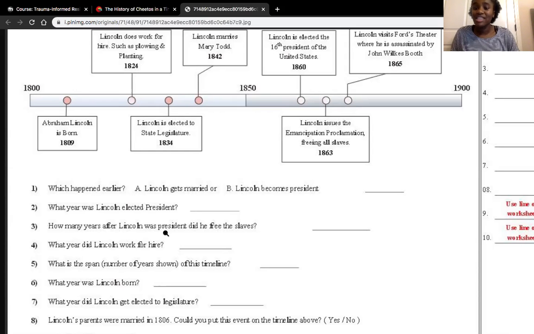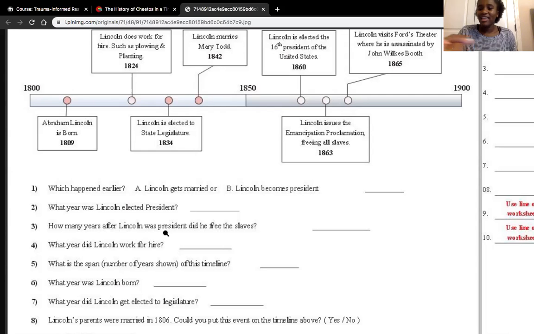Now, what if it didn't have 1800 on the timeline? If it started at 1809, then we could not put it on there because 1809 is after 1806. So it'd be older. We couldn't put something on the timeline if you can't find the number on there.